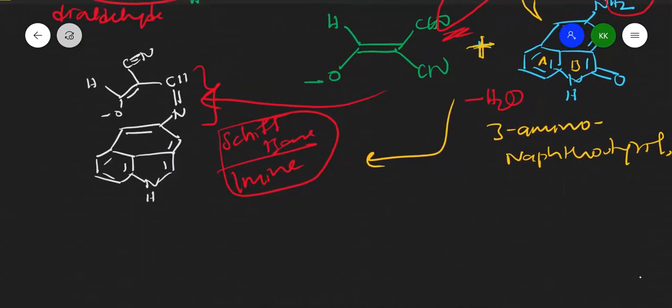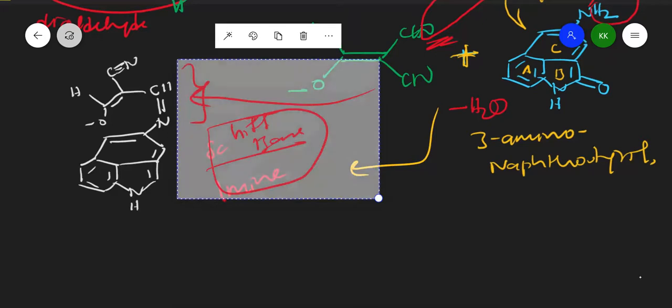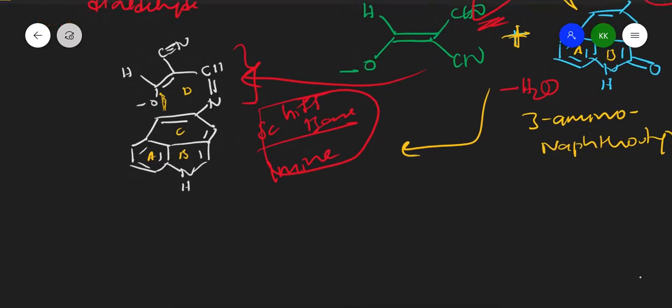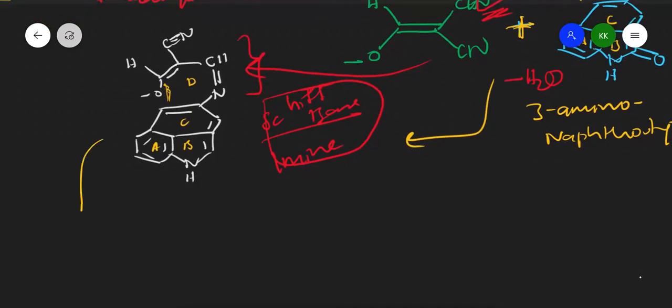Once we get this, further what happens? Here I have the rings A, B, C. Now I have to construct this D ring. So here I have to construct a carbon carbon bond. How am I going to construct it? I am going to treat it with ZnCl2, a Lewis acid, in the presence of HCl.